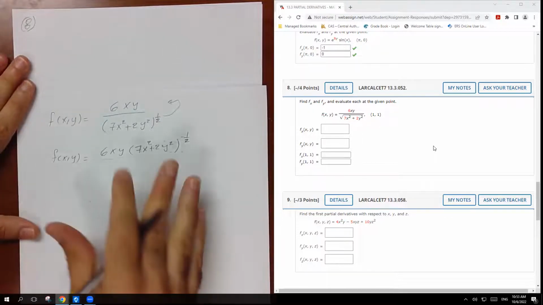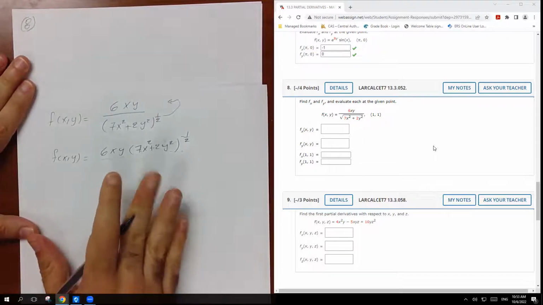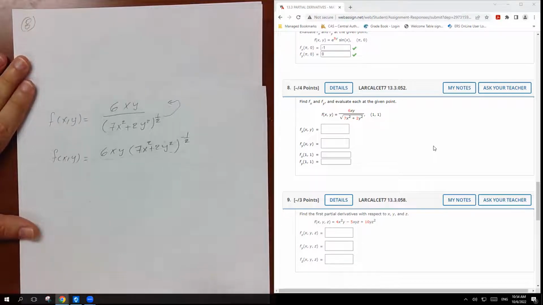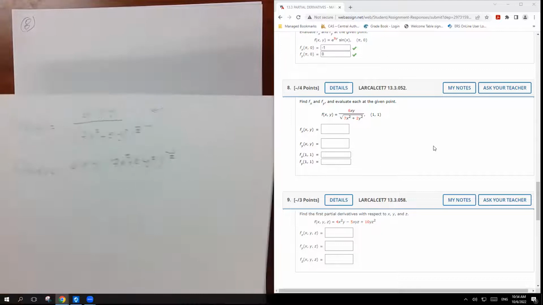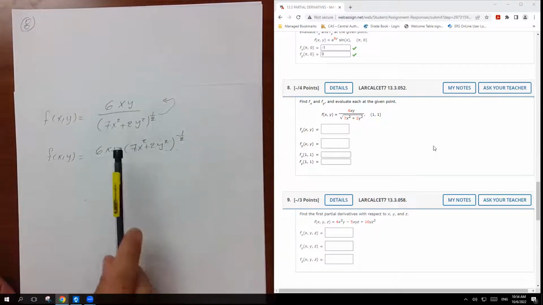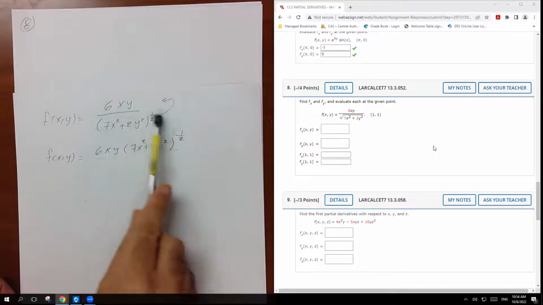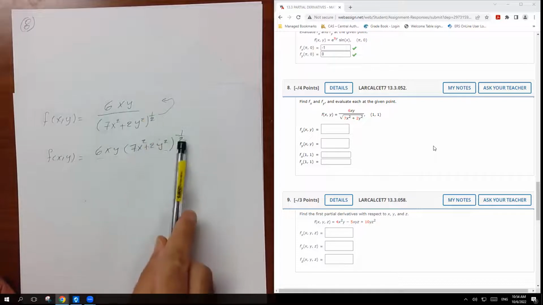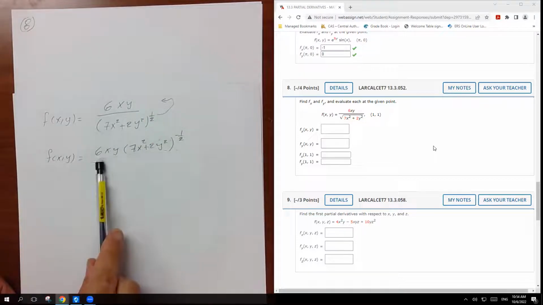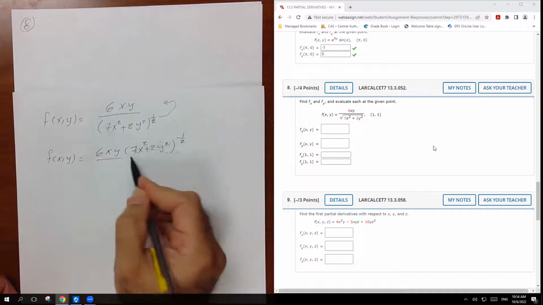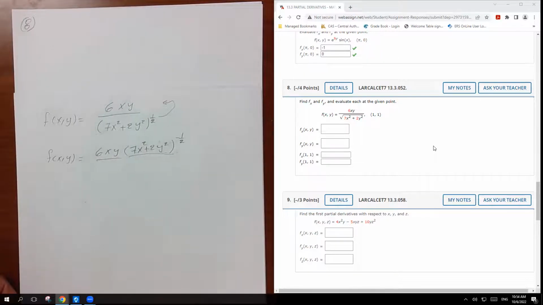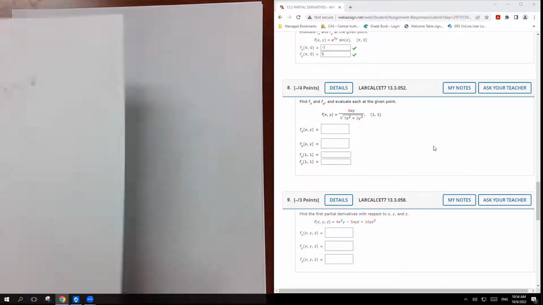I'm going to keep this one for you if you want to work on it as a chain rule. I'm going to use the easiest one, which is the quotient rule. Again, you can use the chain rule after you convert this one and put it on the top with the negative exponent, or you can use the quotient rule.